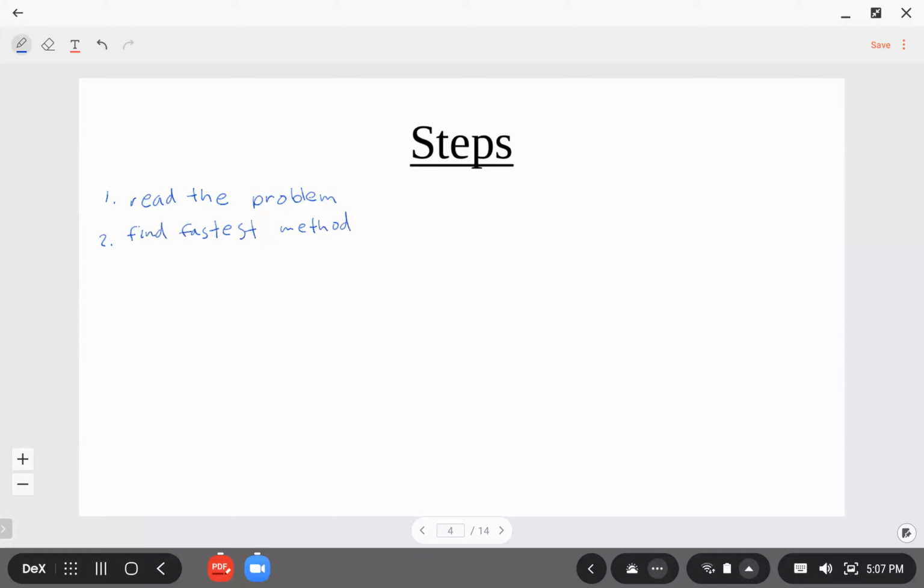Okay, this efficiency is very important. Number 3, use your method and solve the problem. Okay, just after you find a good method you can use, you need to solve it. And lastly, check your answer.